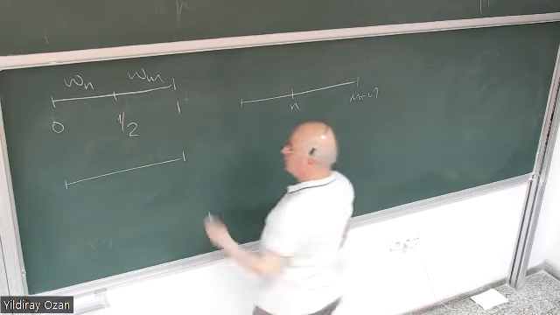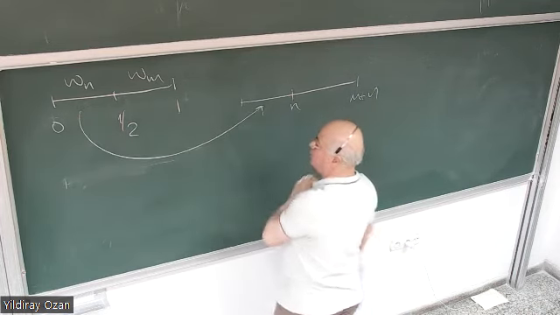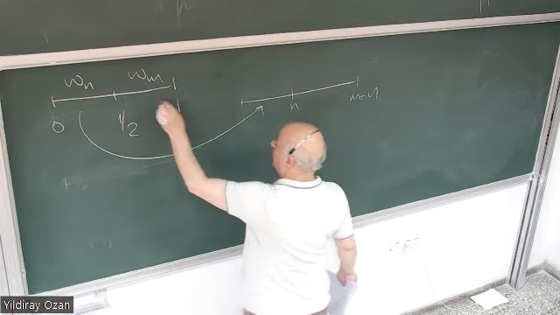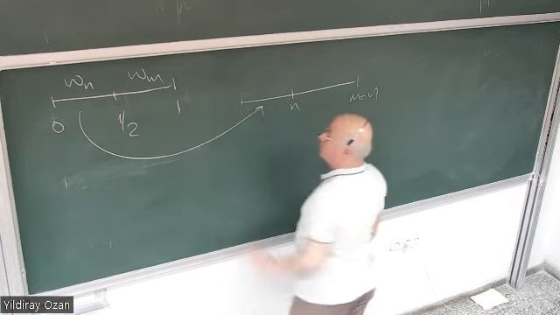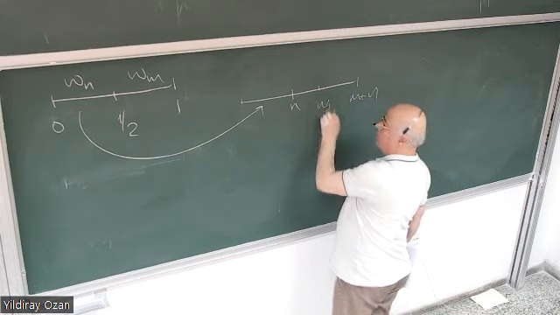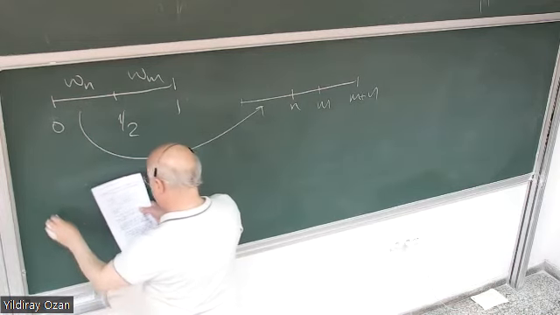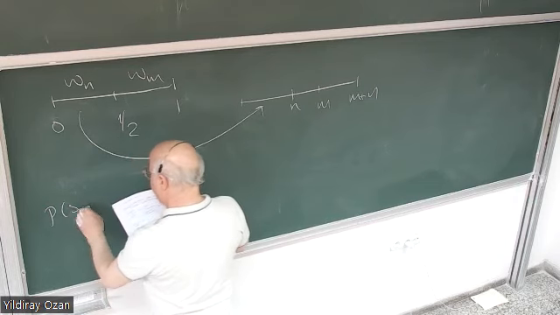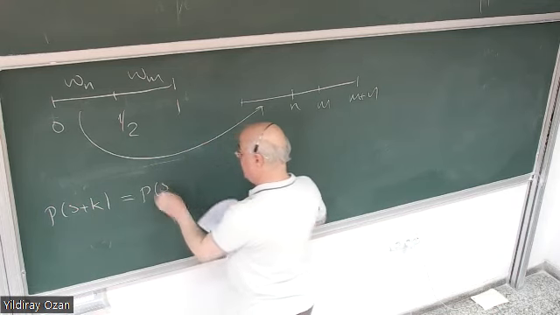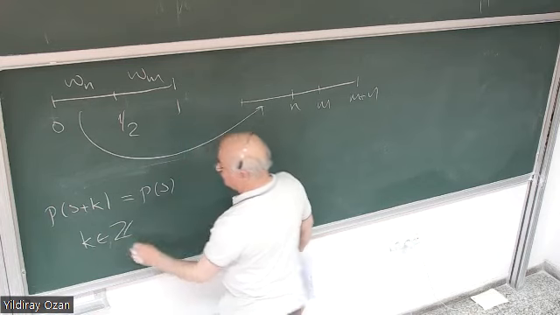So this thing is mapped here, and this thing is mapped to 0 to m. But the thing is this: f of s plus k for any integer is the same as p of s plus k, which is the same as this, right?